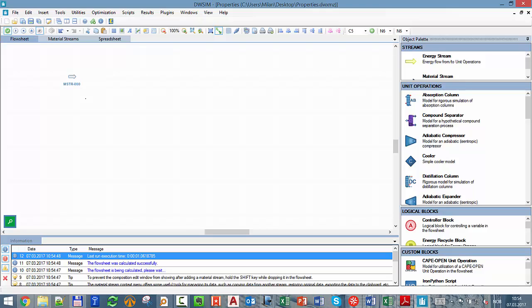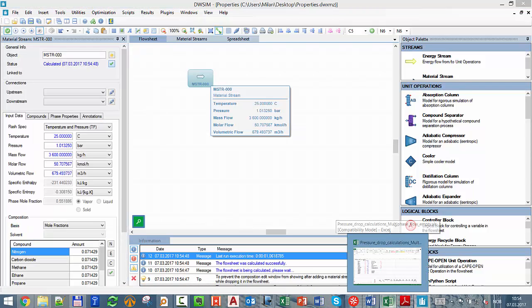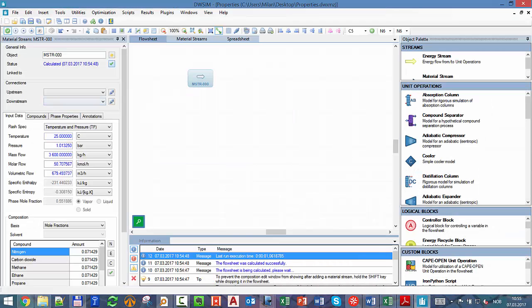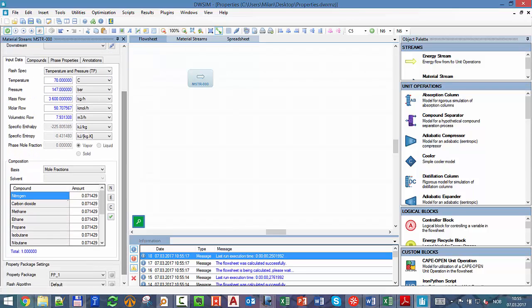It's like a small container with some material inside. That container should be at the conditions that I have. The pressure and temperature of the first point are 147 bar and 70 degrees Celsius. If you see below, I have the composition that I have to provide.